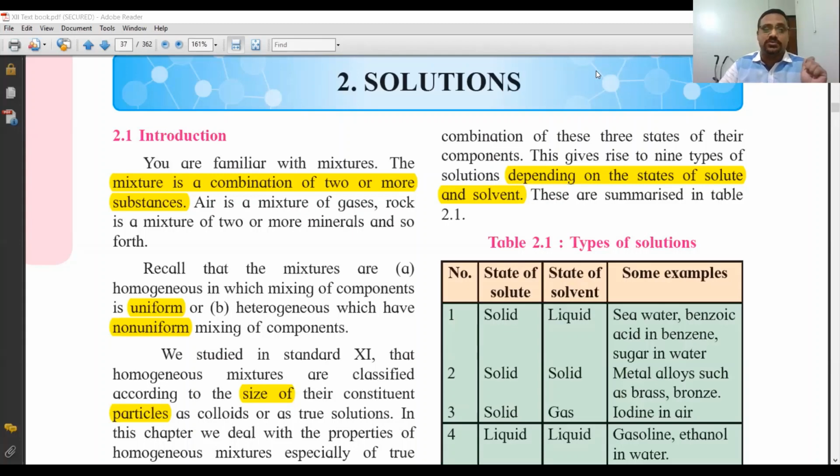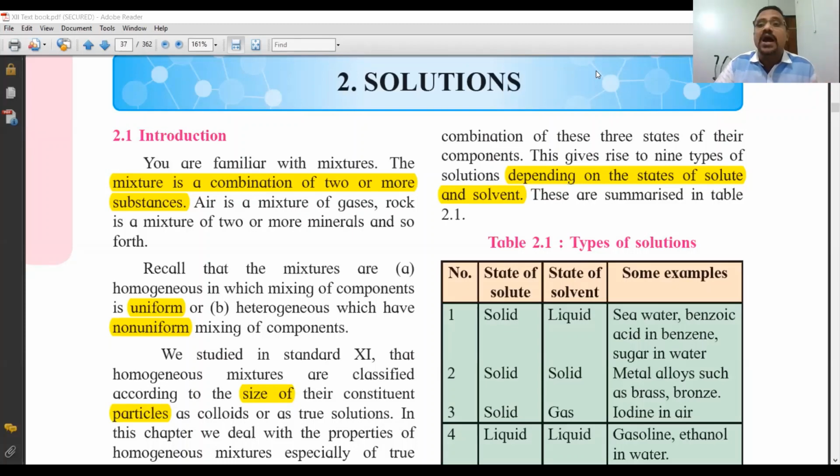Mixture is defined as when two or more substances are combined physically with each other in different proportions by weight. That is called a mixture.